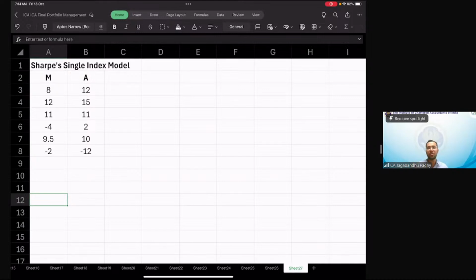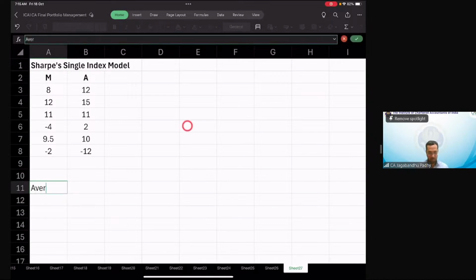So first we need to get the slope, and slope is nothing but the beta of security A. Now, before we get the beta of security A, we need to compute the average market return.